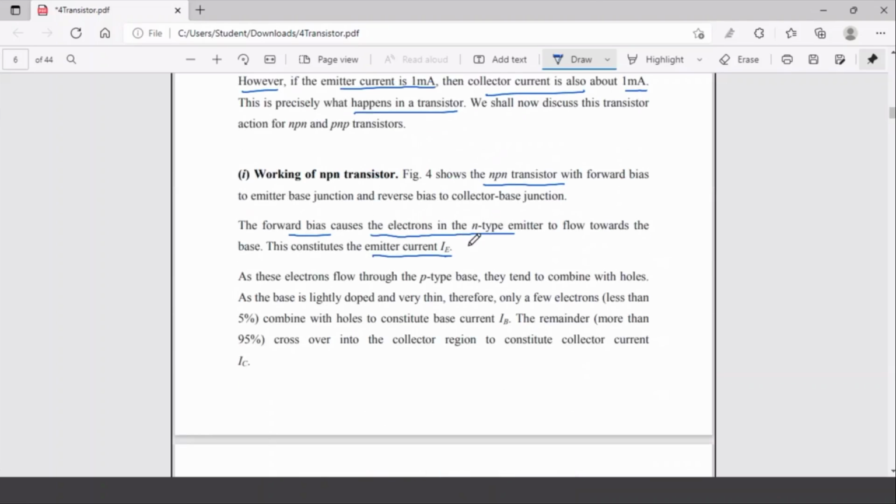What will happen now? These electrons flow through the p-type base and they will combine with holes, but the base, as I told you, is lightly doped and very thin, so only a few electrons, around 5%, combine with the holes to constitute the base current.